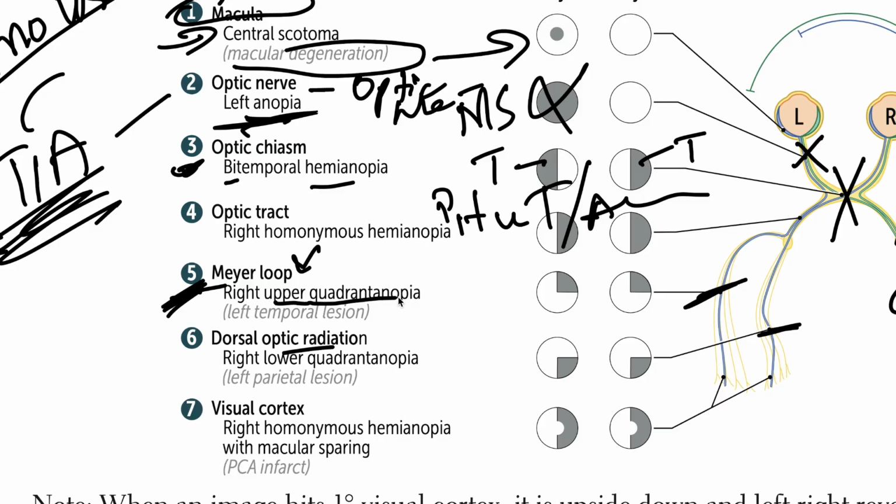So upper quadrantanopia. The upper quadrant is going to be knocked out. Right upper quadrantanopia because of the right side. The important keyword here is going to be pie in the sky. It's a pie in the sky.